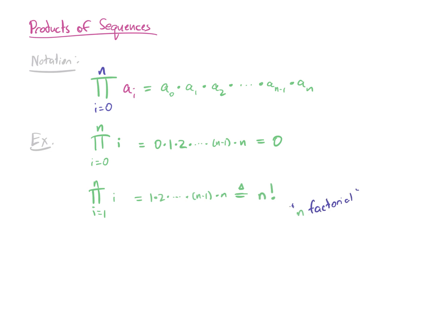This is the factorial function, n factorial. I do all the integers, or all the natural numbers, excluding 0, up to n, and I multiply them together. So I can define this factorial operation in terms of products. This is a very important operation that will come up again when we get to counting problems and combinatorics soon.